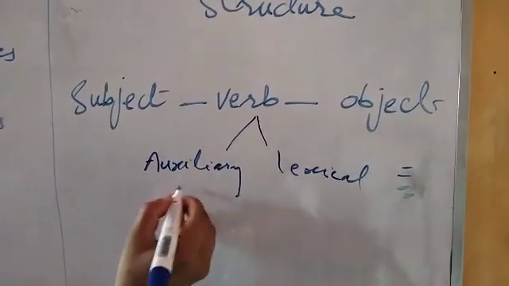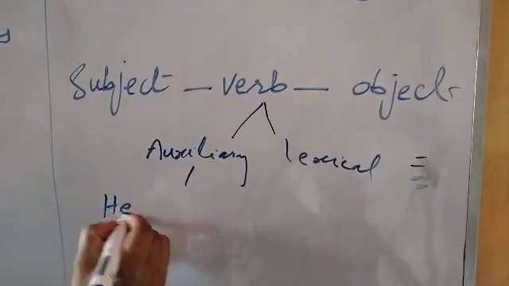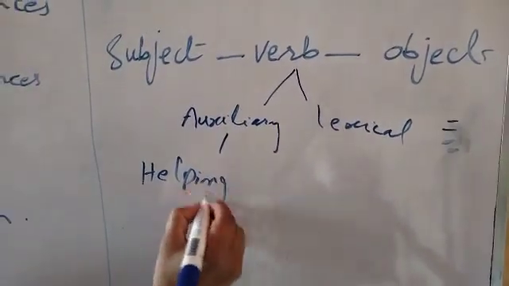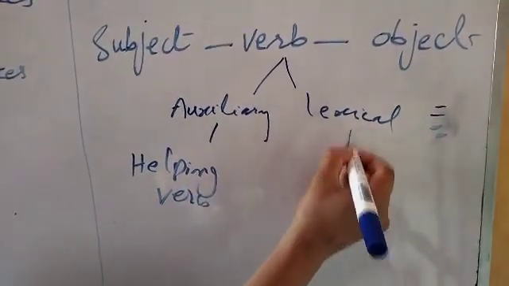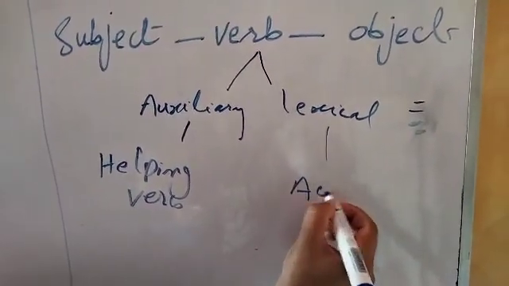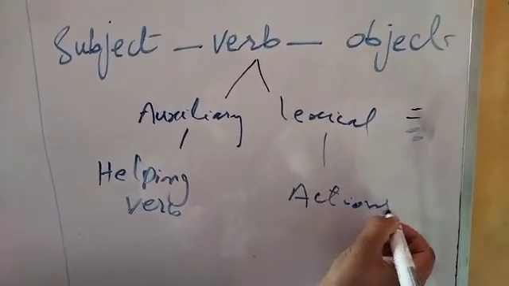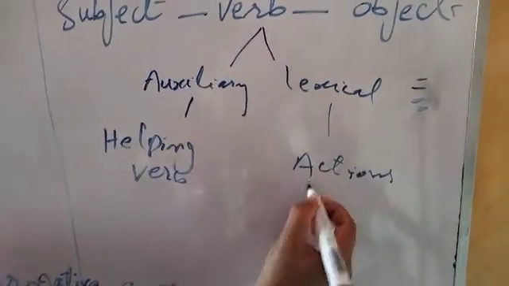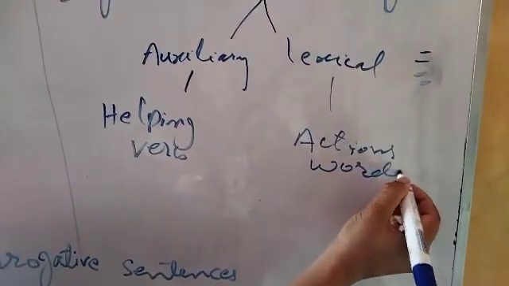This you already know. Auxiliaries are helping verbs, and lexicals are actions or action words. Both words are used for them. Action words, right?